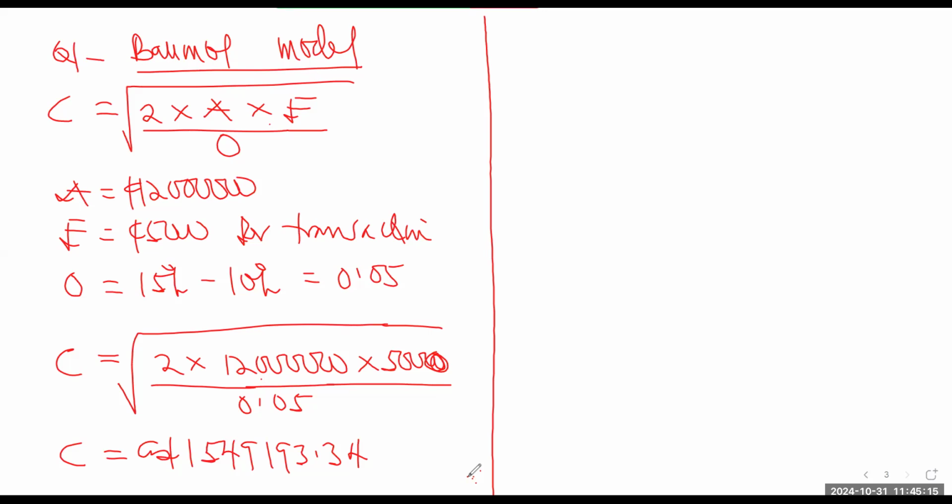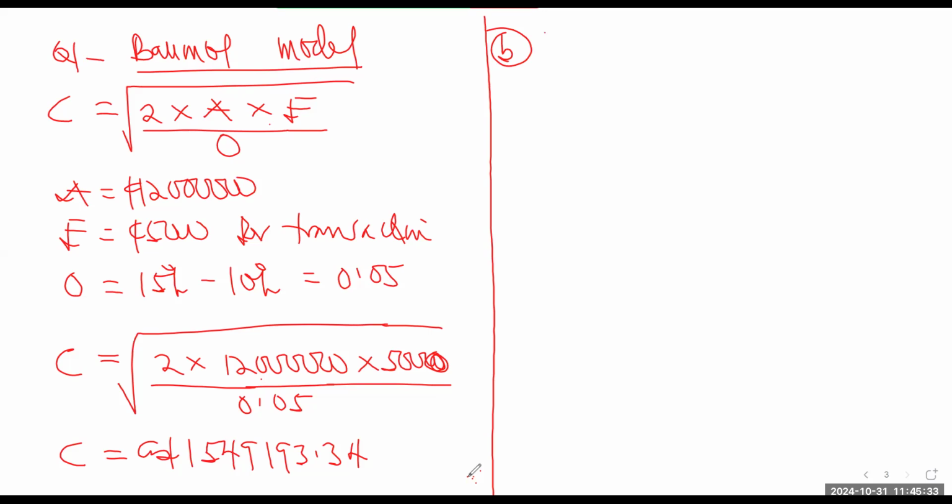Every transaction you are raising 1 million point something, and you need 12 million for a year. So how many times can you raise this amount of money to get 12 million? So that is the number of transactions, just like finding the order size under the economic order quantity.